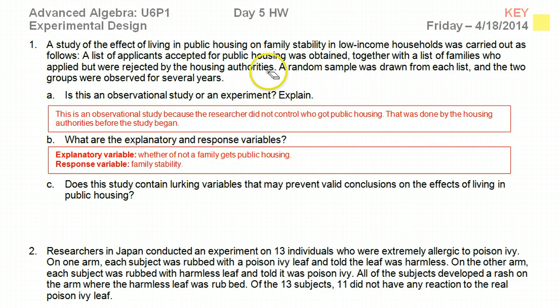And that would have nothing to do with getting public housing or not, would not be the cause of the instability. It was already there because of the way they made the group.